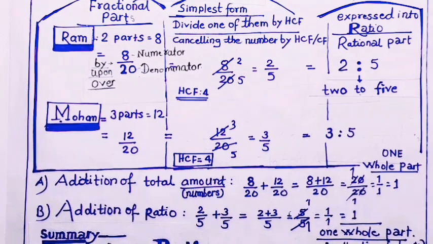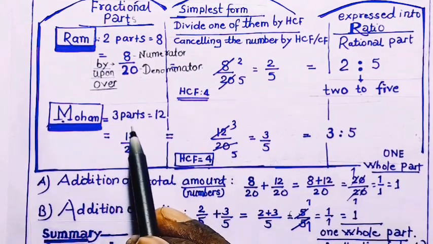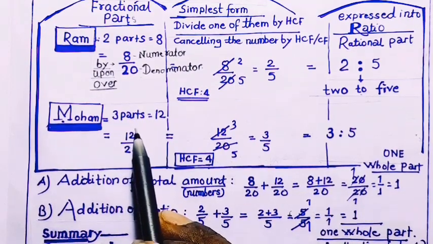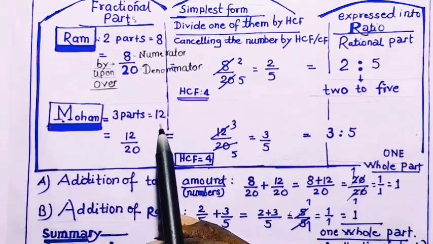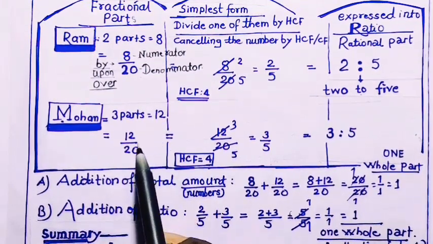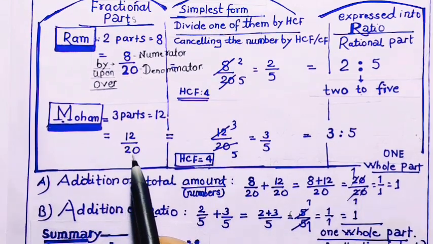In the next example, if Mohan takes 3 parts, it means that Mohan will take 12 mangoes, and this will be written as 12 by 20.